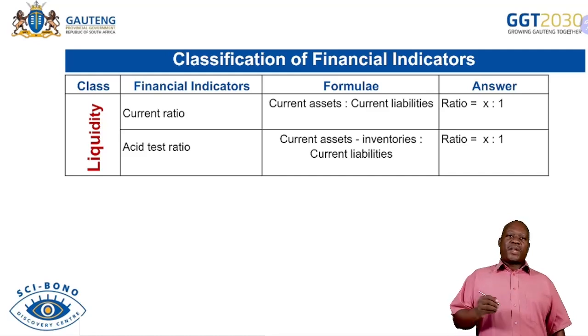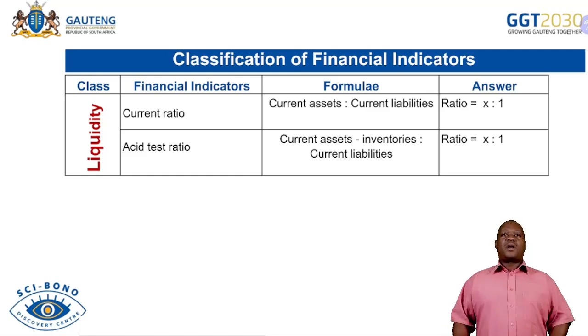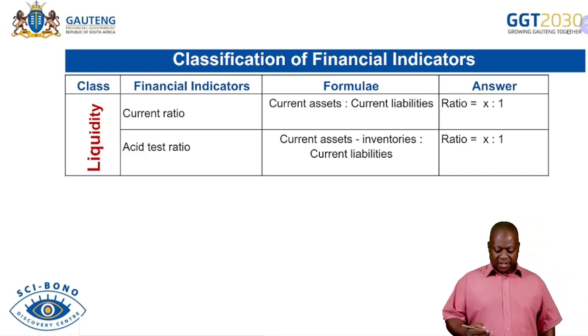Because of the three current assets that we have, inventories is the one that is more difficult to convert into cash. So we are saying, let's assume we take away stock. Can we still be in a position to pay off our current liabilities? Acid test ratio. We are putting our current ratio into acid and seeing if it passes the acid test.